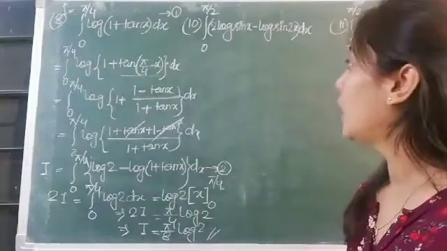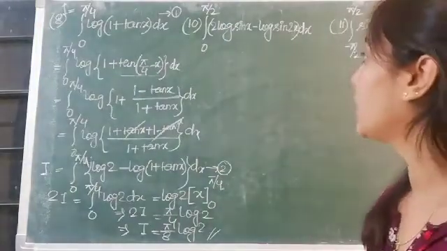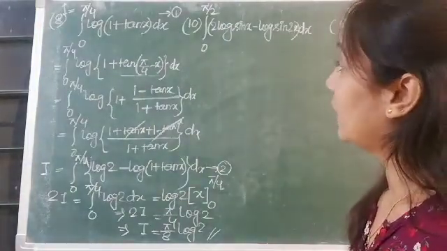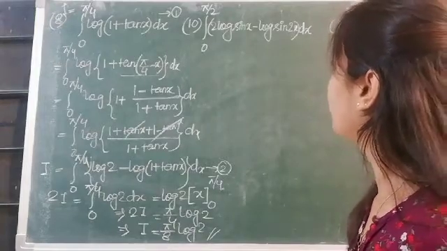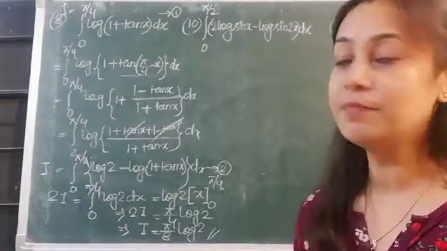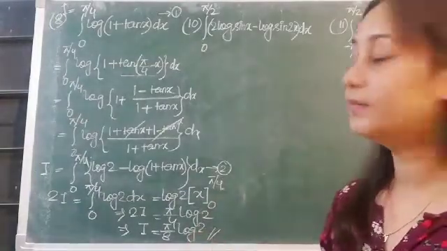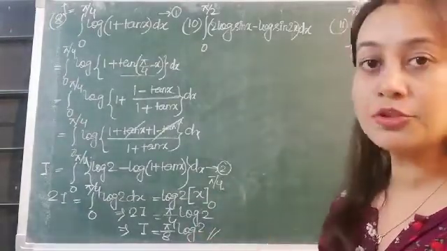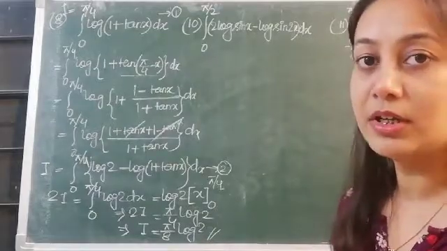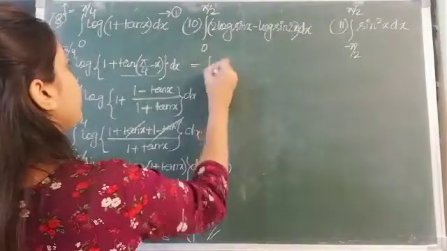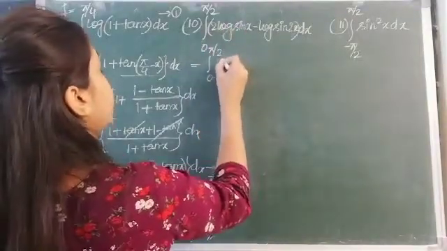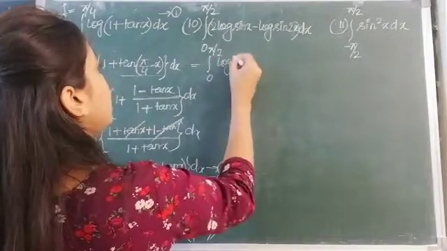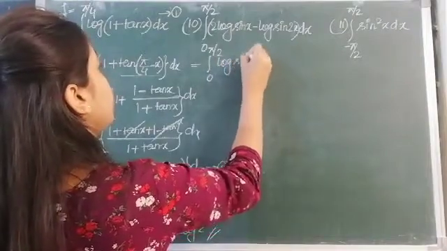Okay students, now moving on to the next question, that is number 10. It's again of the same form: the integral from 0 to pi by 2 of 2 log sin x minus log sin 2x. But here, the given function we will convert to a more simplified form and then we will apply the property. So, from 0 to pi by 2, 2 log sin x can be written as log sin square x, right students?